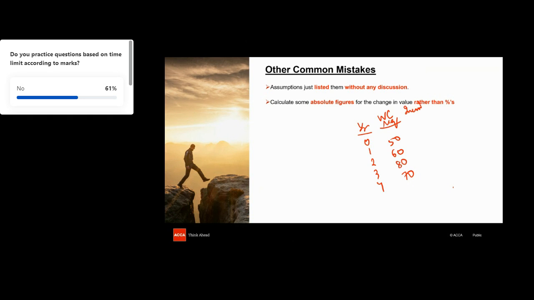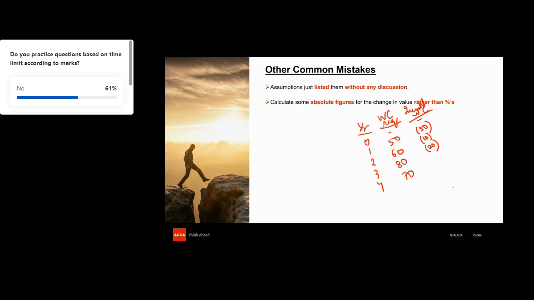If I infuse 50 lakhs the first time, the second time I don't have to infuse 60. I've already introduced 50. I only have to introduce that excess 10. Then for the third year, I only have to introduce the excess 10, and then the excess 10 again.